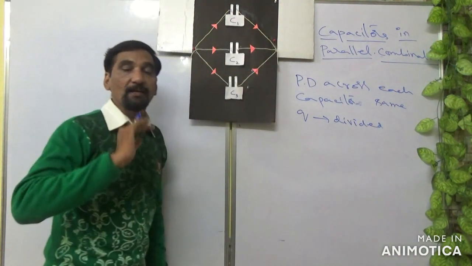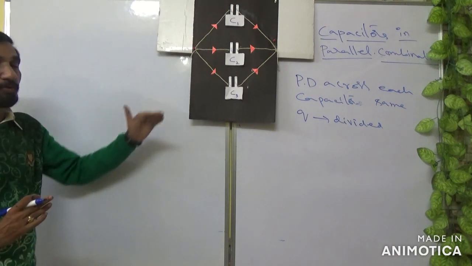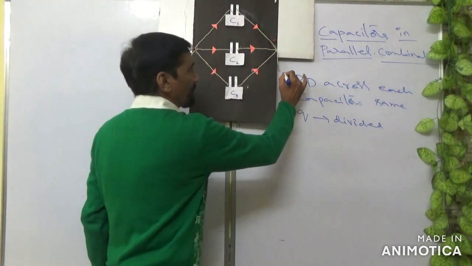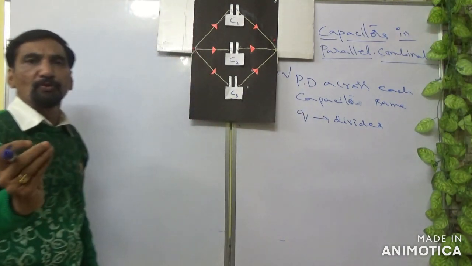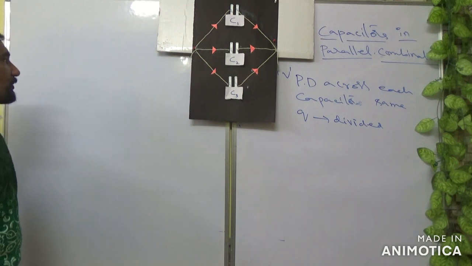Over there, charge is same, V divided. In parallel combination, remember, V same, Q divided. So if you know this easily, you can derive the derivation.